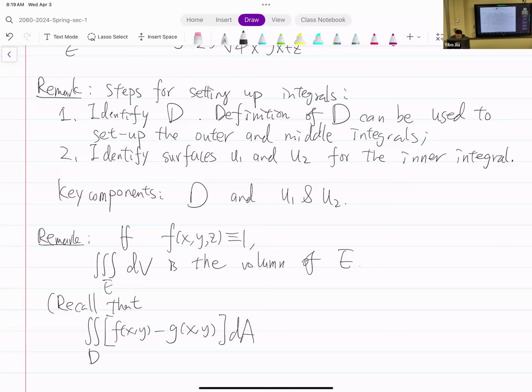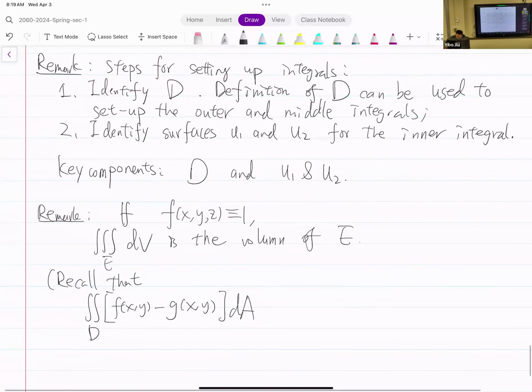This is the situation where you're over the region D, and you have an upper bounding function f and a lower bounding function g. These are two surfaces, right? So basically, this is the volume describing the solid that's above the region D and cut between the two surfaces f and g. Okay.